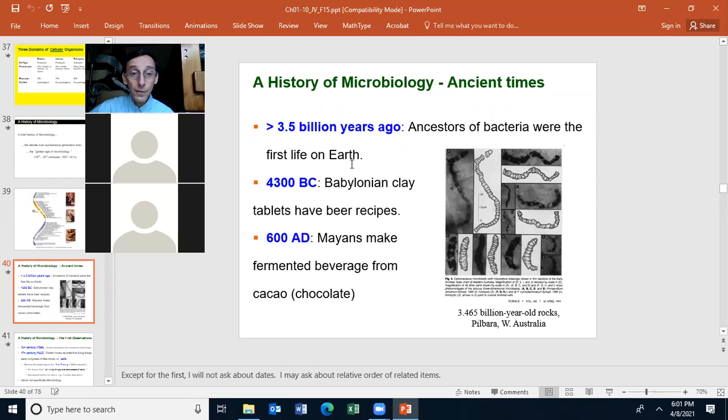Although you don't need to know these dates, you should know that I may hold you responsible for knowing the relative order of things. Like the Mayans could not have recorded the fermentation of chocolate until the very first recording of the fermentation of beer, which couldn't have happened until after we had a fossil record of the ancestors of the first bacteria.